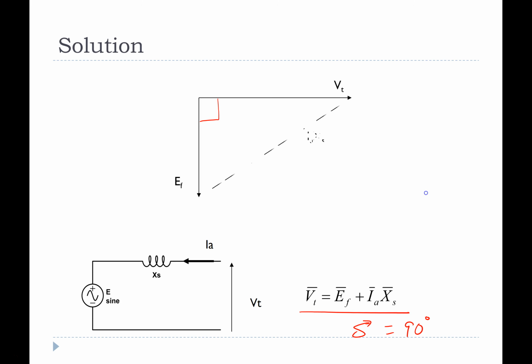And then I want to get IAXS, which I can get straight from my equation, because I know VT is equal to EF plus IAXS. So this is my phasor diagram.